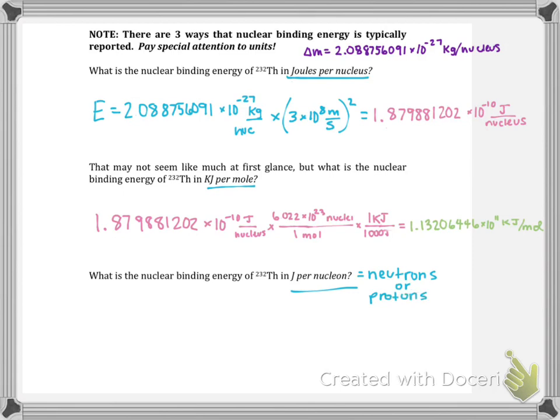And so we can figure out how many nucleons there are in a nucleus by looking at our mass number, because that gives us the sum of protons and neutrons. So the number we're going to use here is 232 nucleons.